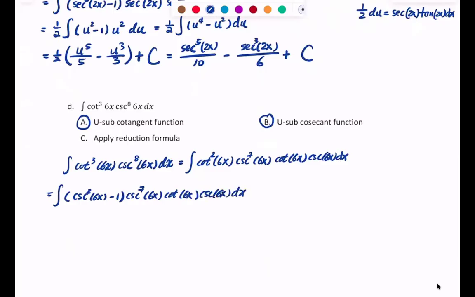Right, so everything's set up. So we use up cosecant. And remember, we have a negative sign this time.